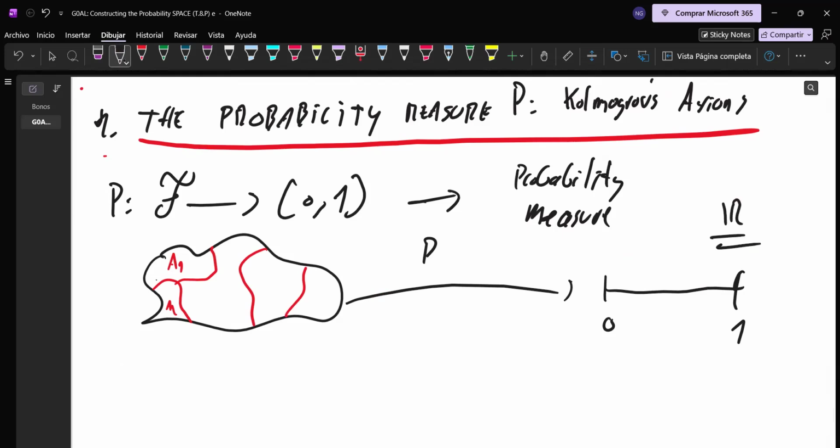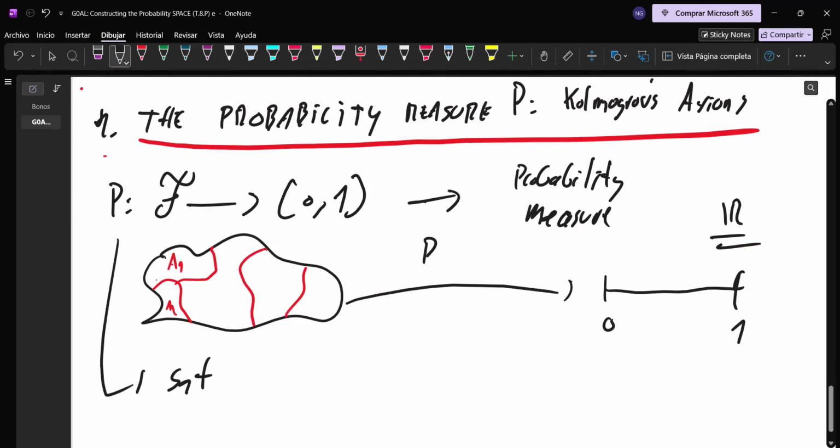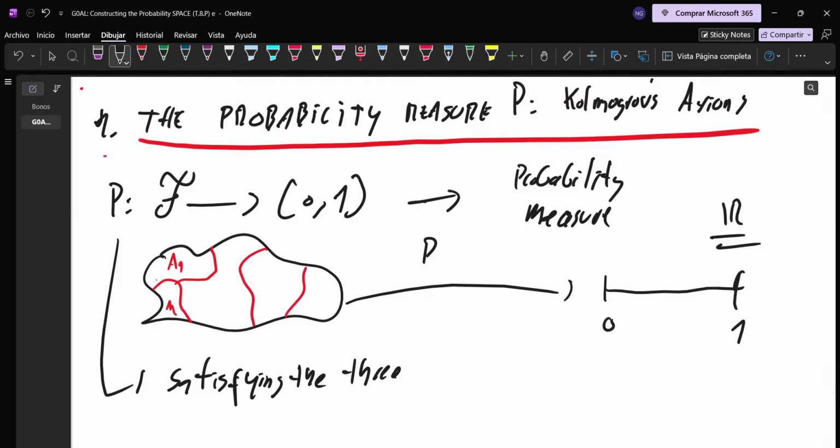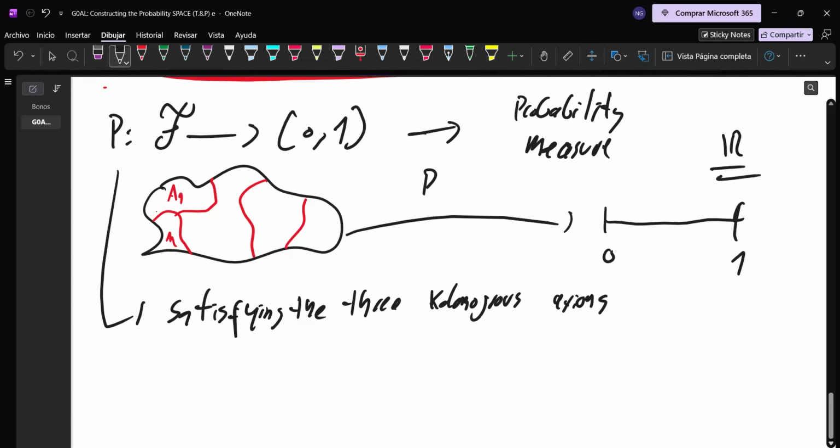And then the whole question is that this function must satisfy the three Kolmogorov axioms, and I have a comment on this. The most classical thing is to say P is a function from Omega to [0, 1].